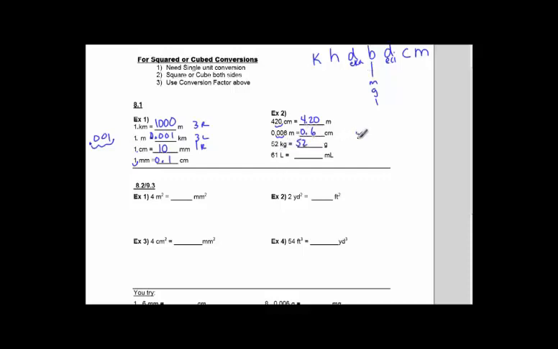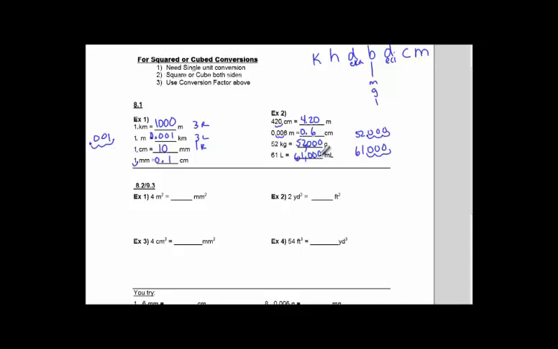So if I start with 52, 1, 2, 3, I'd have 52,000. And then 61 liters to milliliters, I'd move to the right 3 places, which is going to give me 61,000 milliliters. Okay, those are pretty straightforward.